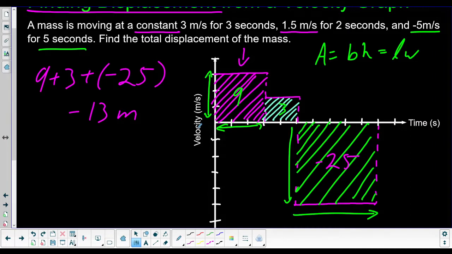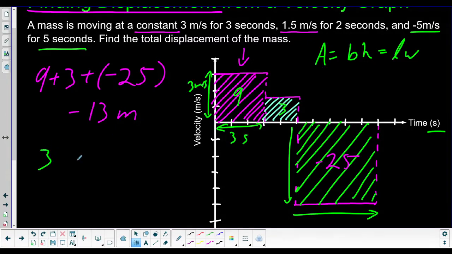Let's talk about one more thing. Let's just check the units to make sure that I'm not lying to you and that this isn't just some kind of wizardry, warlockery that teachers like to say. So you can verify this. This axis is meters per second. So this height is 3 meters per second. This width here is time in seconds. This is 3 seconds.